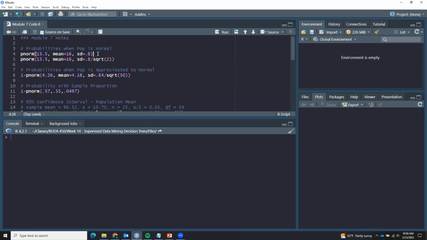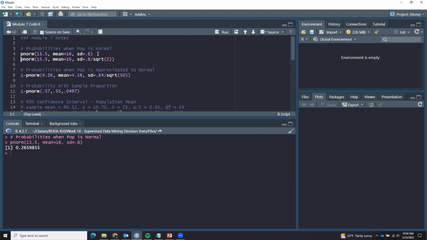So on line 4 of the module 7 notes, we're looking at probabilities when the population is normal. Our value of x, the value we're holding things against, is 15.5 inches when the mean should be 16 inches and the standard deviation is 0.8. In our first case, the sample is 1, so there's no need to add a square root.